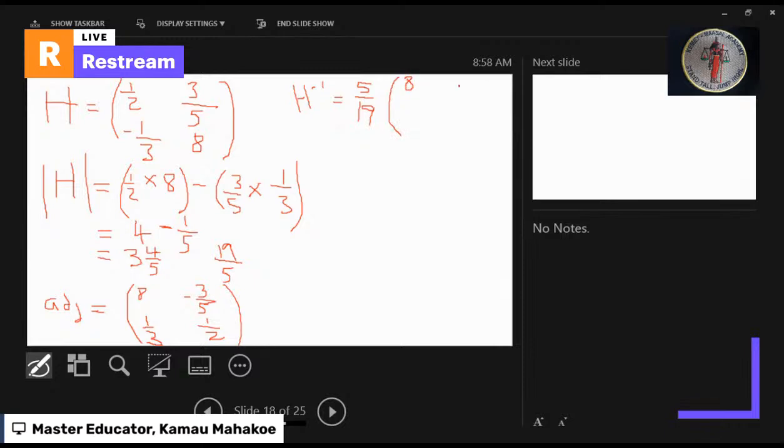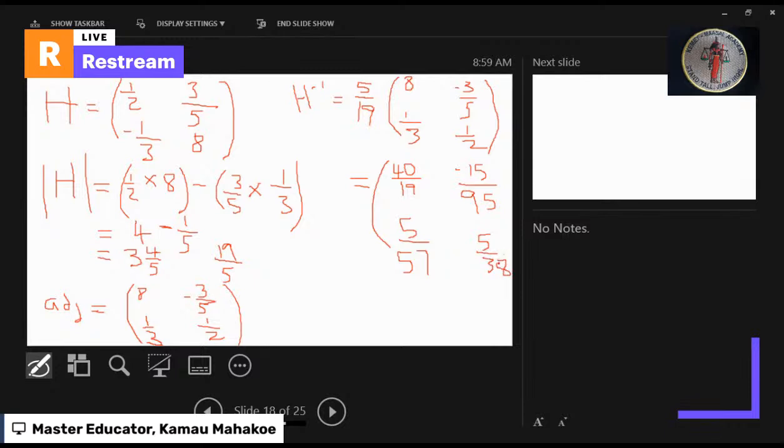So 8, negative 3/5, 1/3 and a half. And this would give 40/19. 5 3s 15, so that's negative 15, and 19 times 5, 5 9s 45, so that's 95. 5/19 times 1/3, so that's 5. 3 9s 27, that's 57. And times a half would be 5/38.